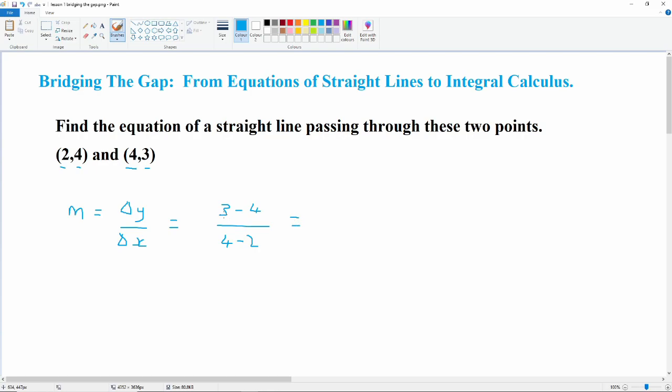Which is equal to, 3 minus 4 is negative 1 and 4 minus 2 is 2. So that's negative 1/2. And we can plug either of them in.